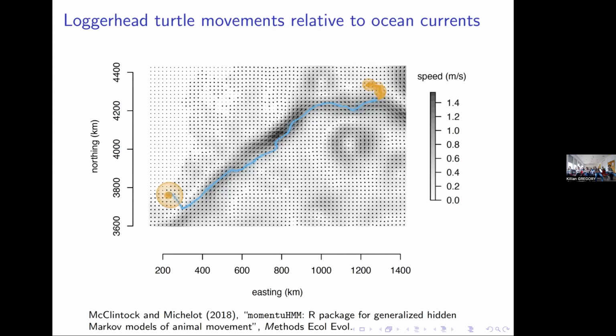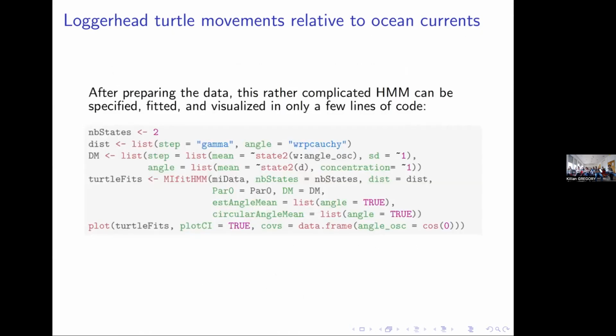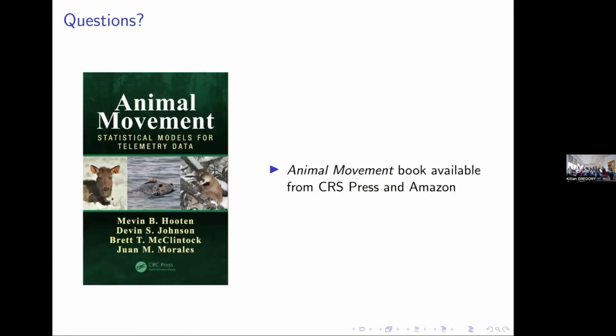So those are all things that are hopefully made easier to do through the package, because you can just give it your vector of ocean currents and then it'll do the rest for you. What would have been a fairly complicated analysis on your own can be done in just a few lines of code once you've got your covariates together. There's another plug for our book.